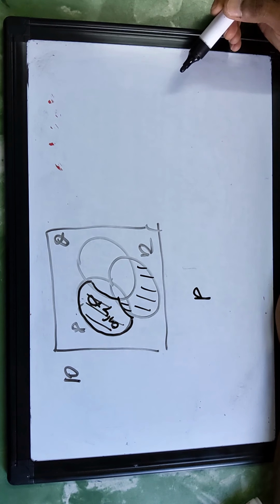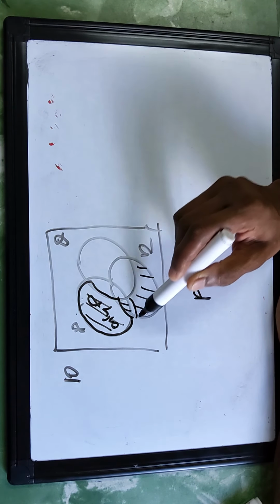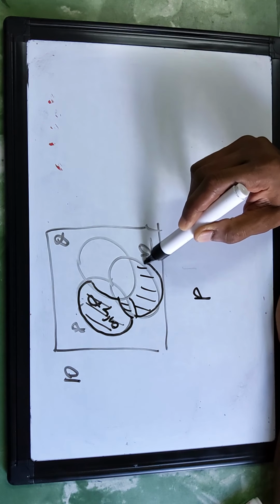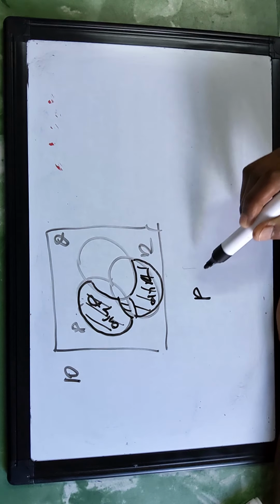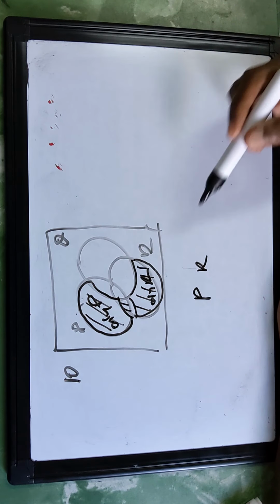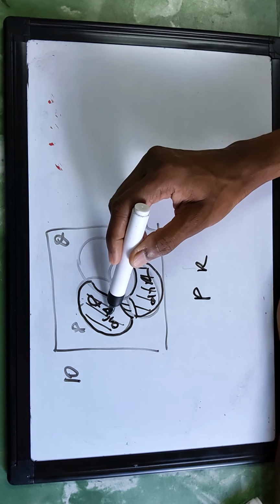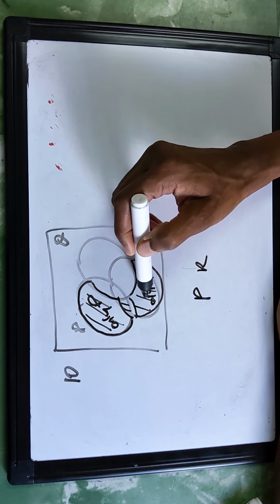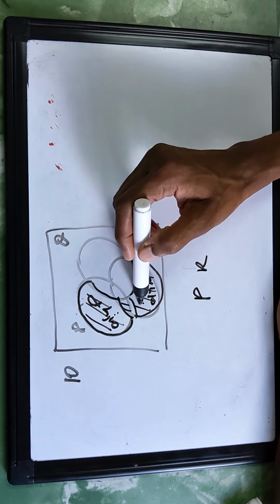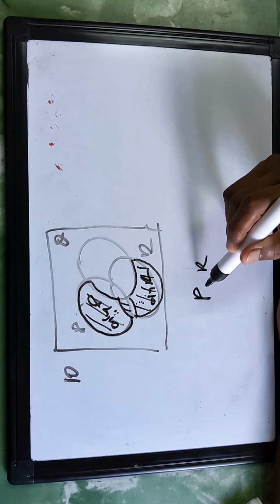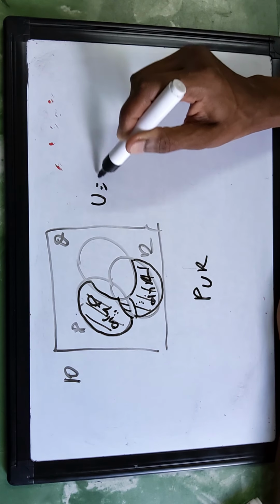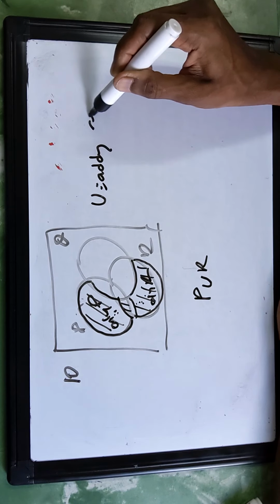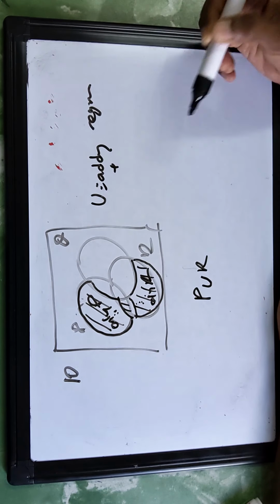You need to have P. This one is only R, meaning that R is involved. But the fact that you have this part, which is both in P and R, it implies that it's addition. You're just adding these two regions. That's union, because union means adding regions.